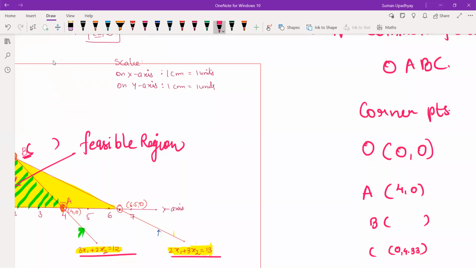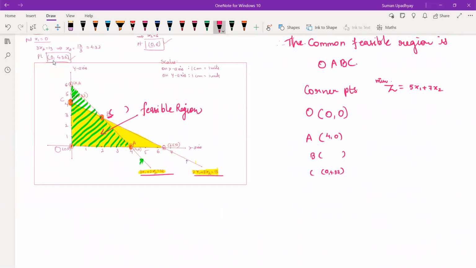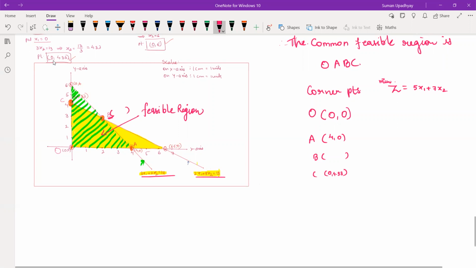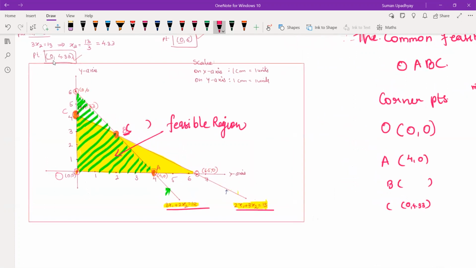Yes, students, are you getting the coordinates for b? Anybody got coordinates for b?